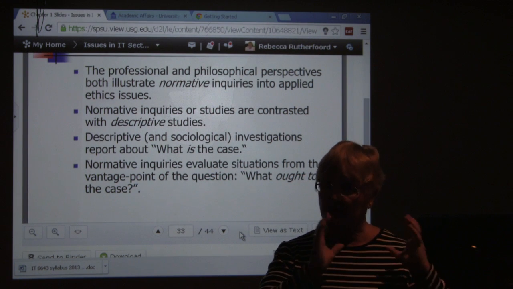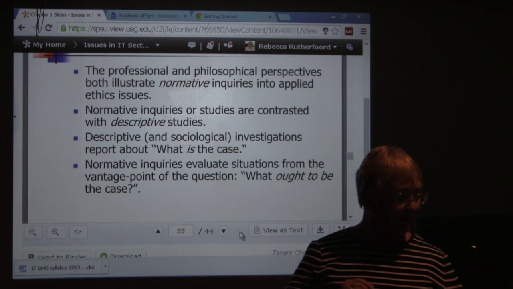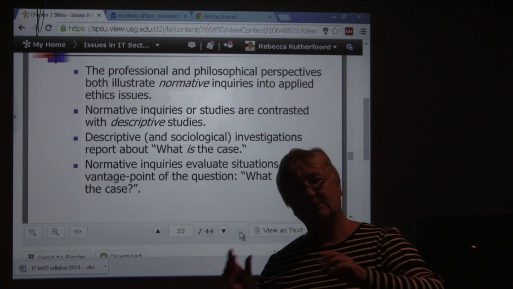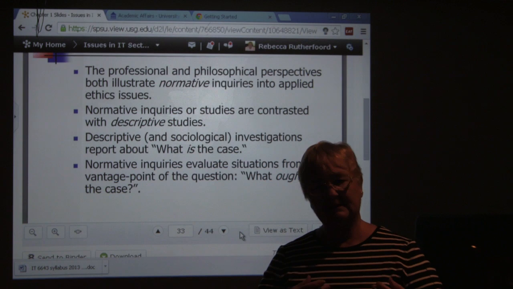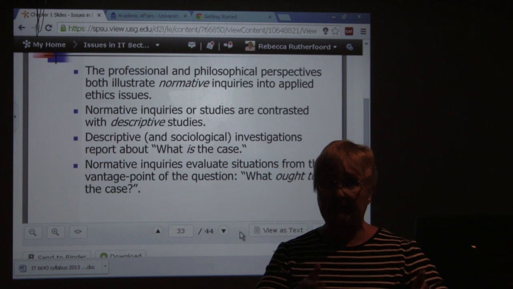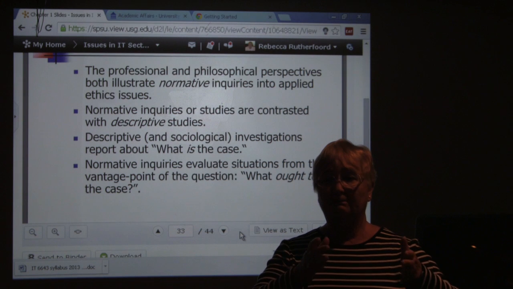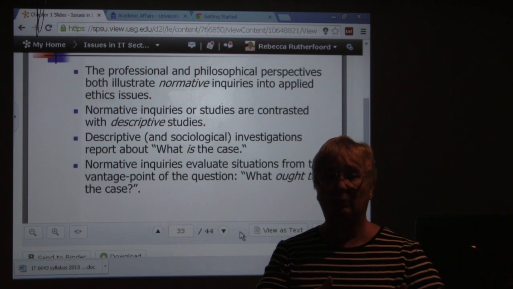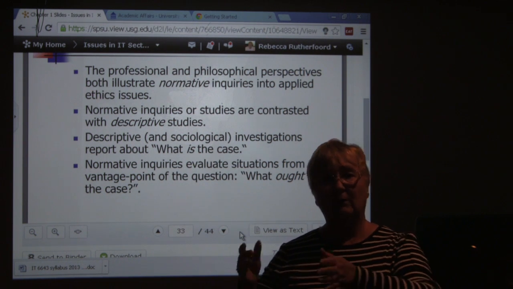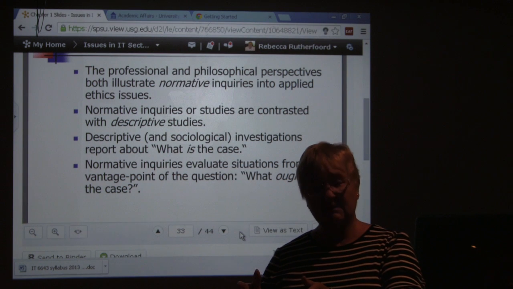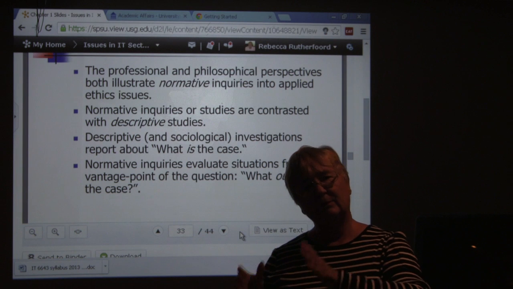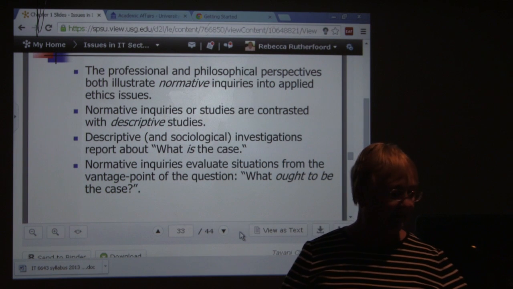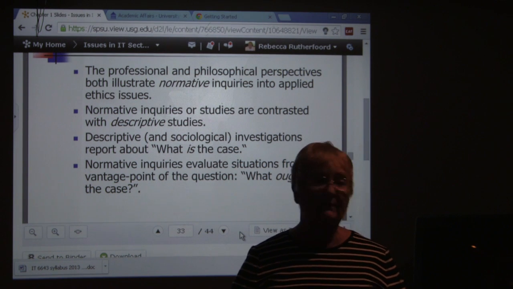As we said, that's our factual place. The normative inquiry then asks what ought to be the case. In the Lockheed example, what is the case? Right now, we've done some testing, we don't think it's quite ready, but they want the product out the door. What it ought to be is a completely tested product. Those are the things we have to try to get into the same mode.